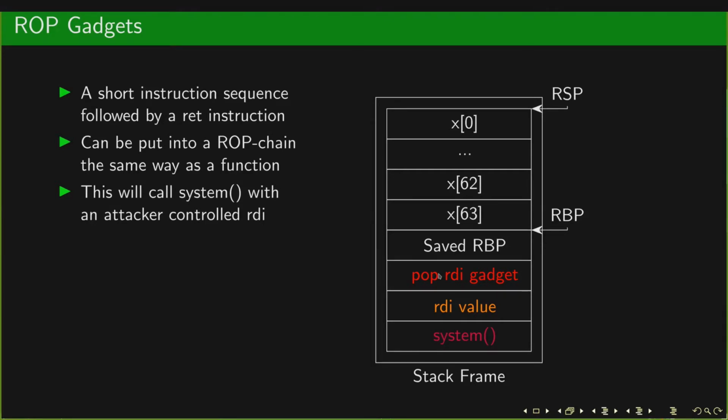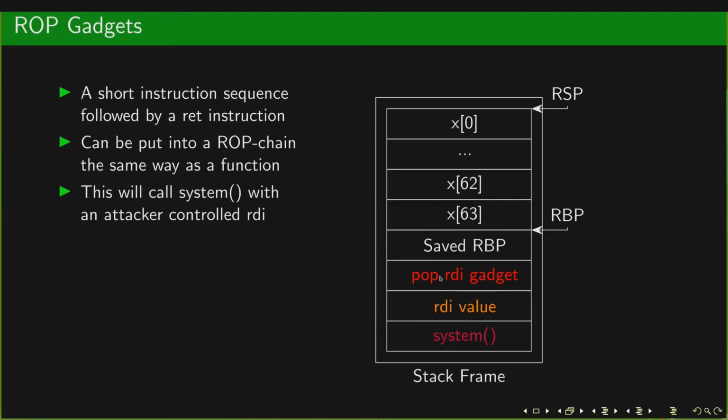So, for example, we can do something like this. We put a pop rdi gadget right here, and then we put the RDI value above that on the stack, and then we put the address of system right after that. So what this is going to do is first jump to this pop rdi gadget, somewhere in the code.